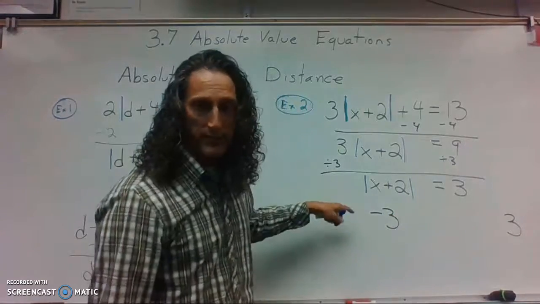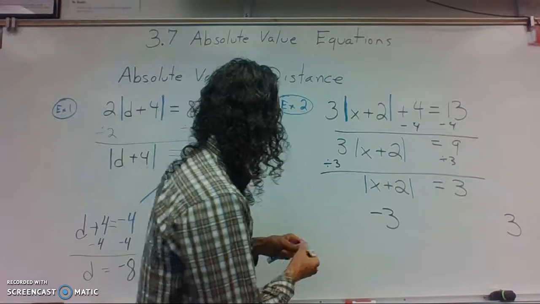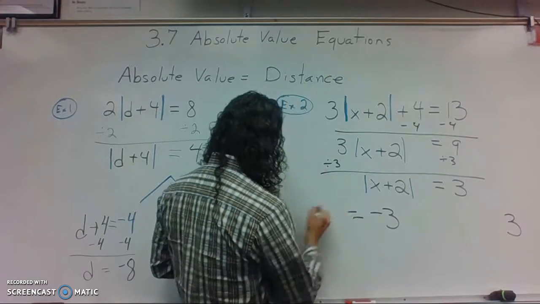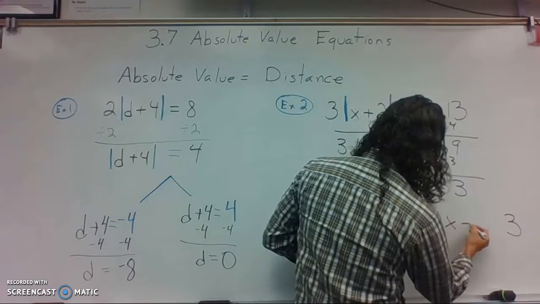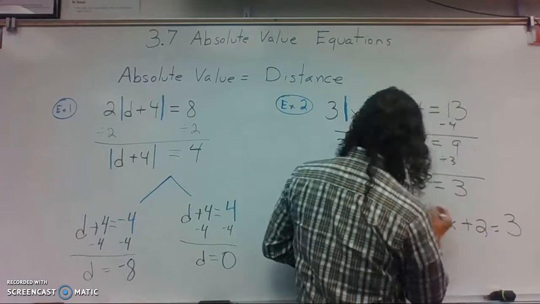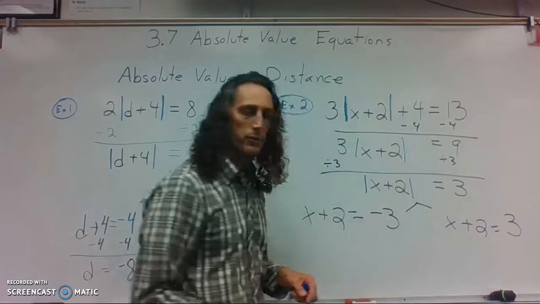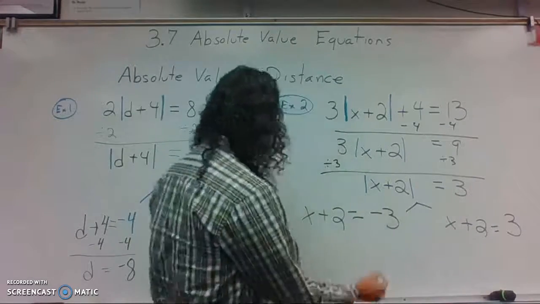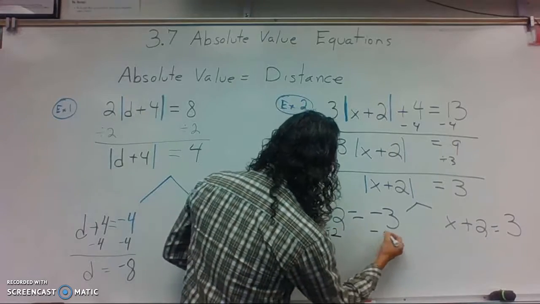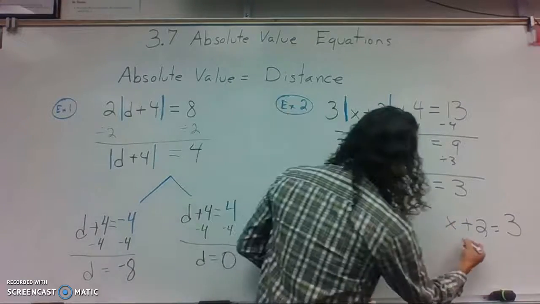Now, whatever's inside the box, just put it in front. So x plus 2 over there, x plus 2 over there. So these will always turn into 2 equations. Remember, a negative 3 and a positive 3, and minus the 2, minus the 2. You can do this one at the same time.